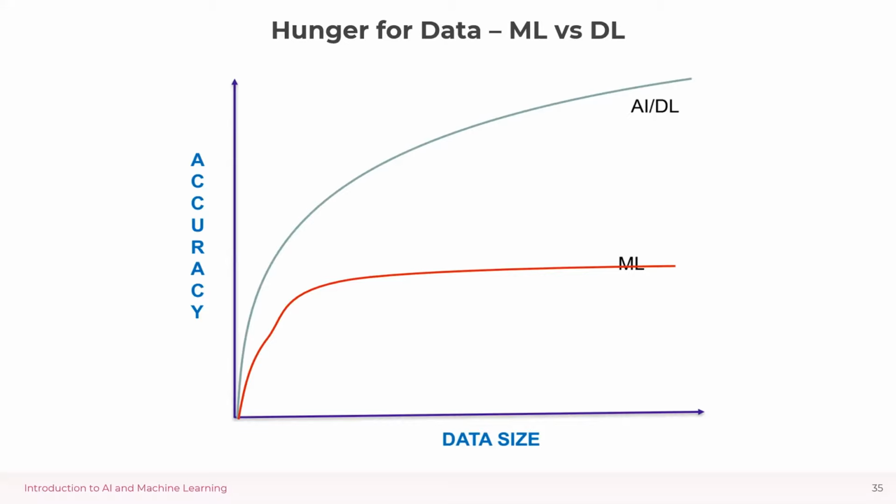But as you saw with ResNet and some of the examples I showed, starting 2011 and 12, with the advent of deep learning, because you have infinitely more combinations of solutions possible, the more data you have, your solution continues to get more and more accurate. Now you see that line is definitely not exponential, it's not even linear, but still it is increasing, it is getting better, unlike ML, which has gone asymptotic at a certain value. So that is why data becomes all the more important with deep learning solutions.